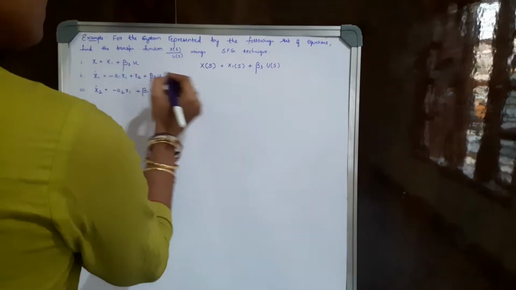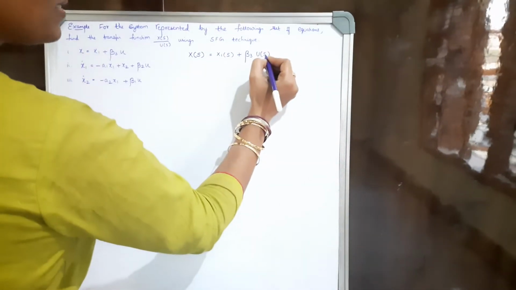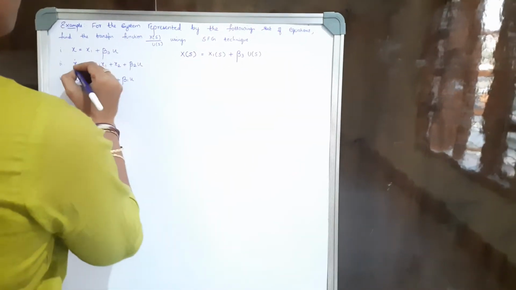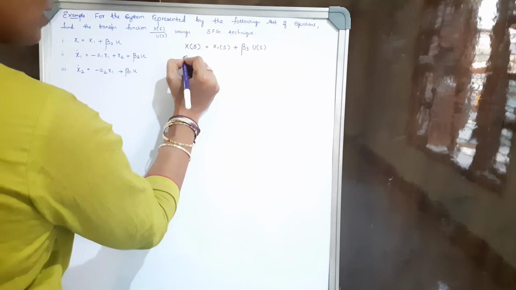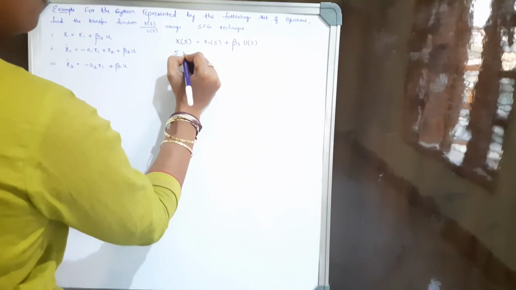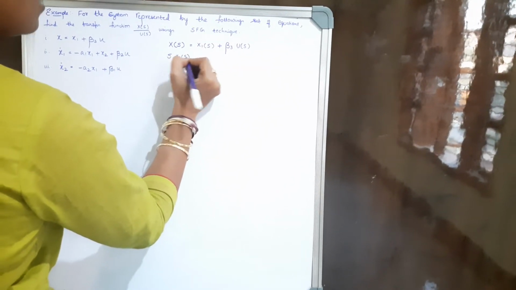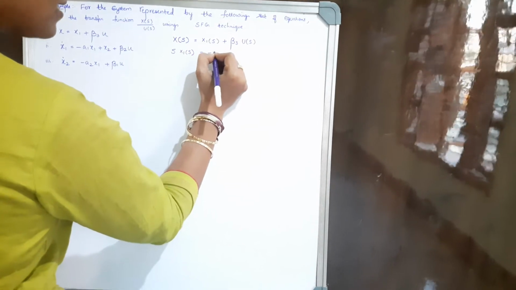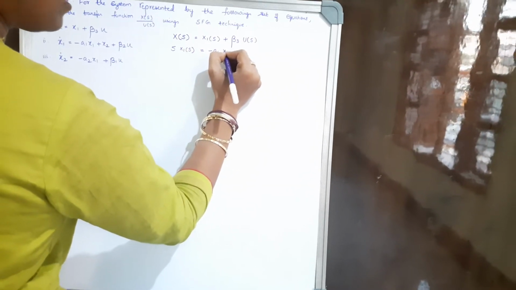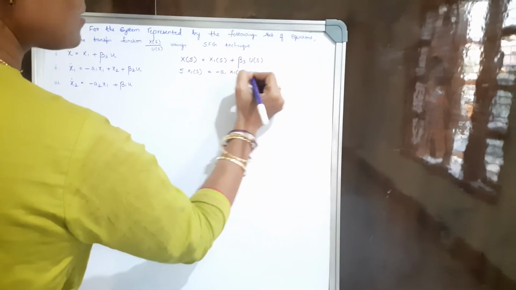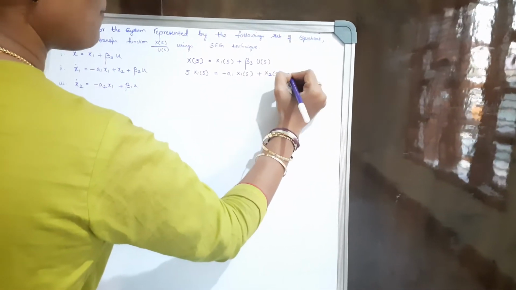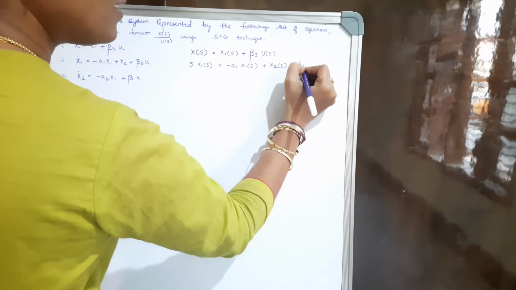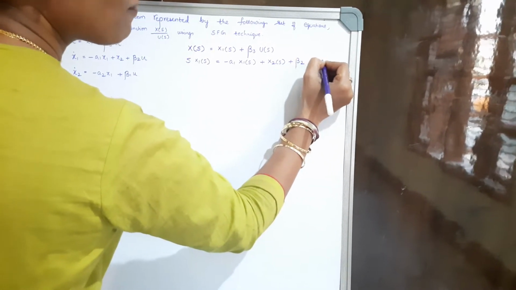Okay. So, this is the Laplace transform of the first equation. Then the second equation, its first derivative, I will multiply by s: s X1(s) = -a1 X1(s) + X2(s) + β2 U(s).